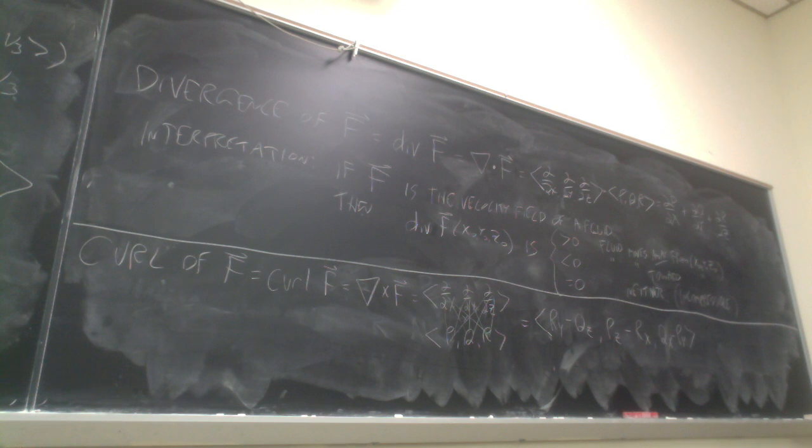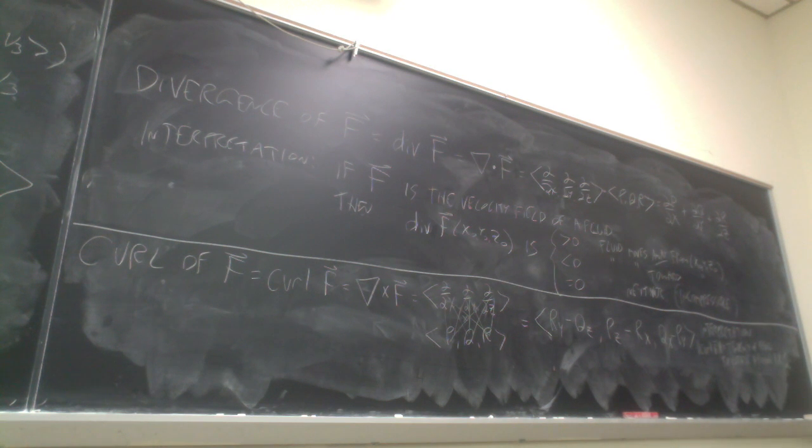So what does this vector mean? So the interpretation: there's two things to look at because it's a vector quantity. There's a magnitude and a direction. So the magnitude of curl F indicates the tendency, again, this is for a case where F refers to a velocity field of a fluid, of a fluid to rotate around any axis.